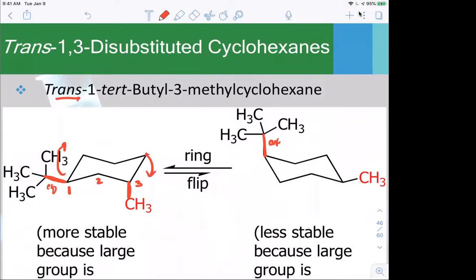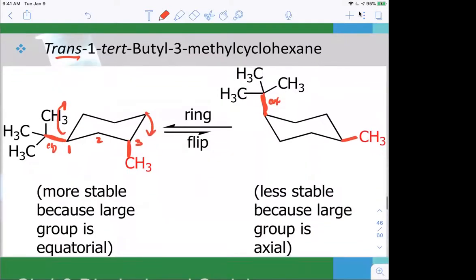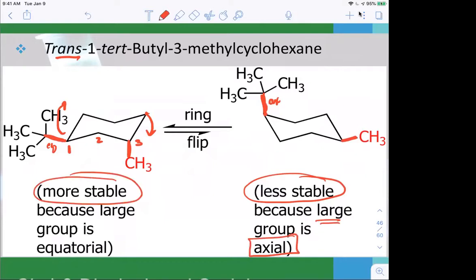You gotta play with this. You have to be able to draw these. You have to be able to draw the ring flip. So I have axial up, I have equatorial up. This is gonna be much less stable because the large group is axial. This is gonna be much more stable because that tert-butyl group is going to be in the equatorial position.